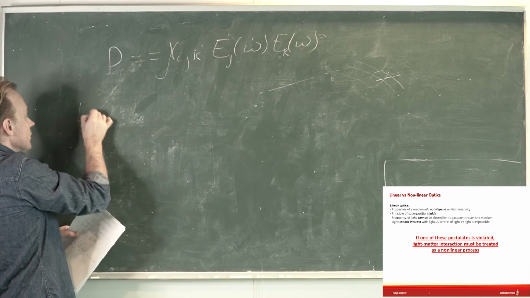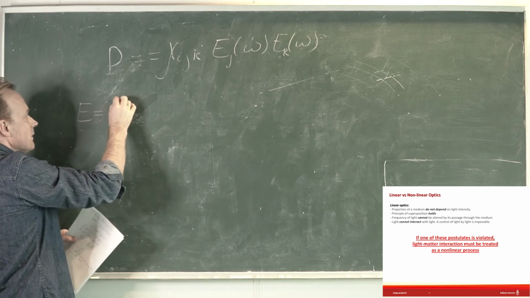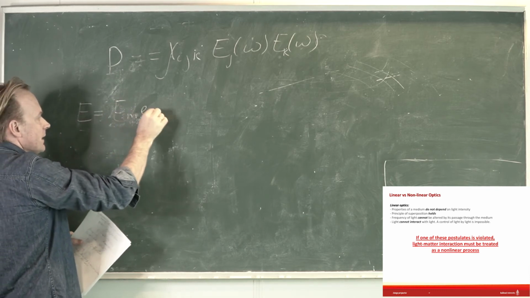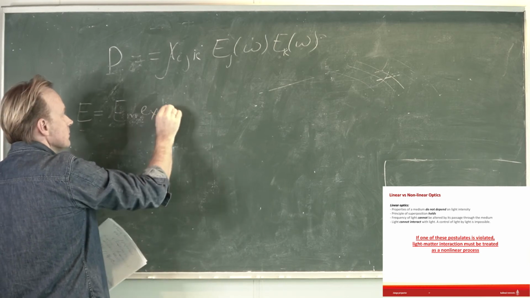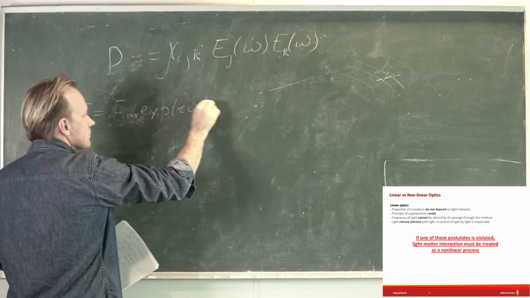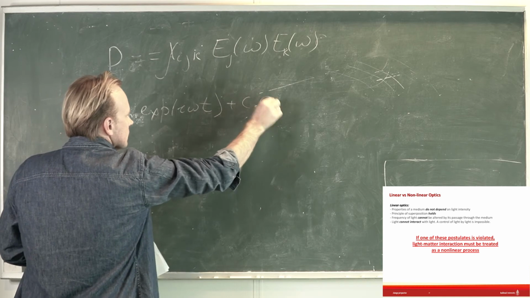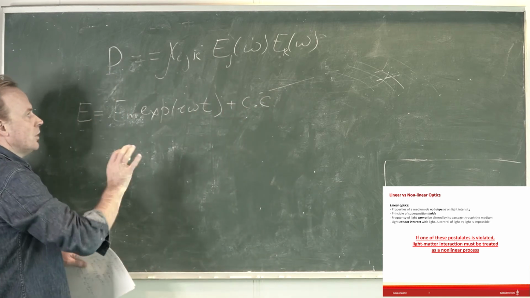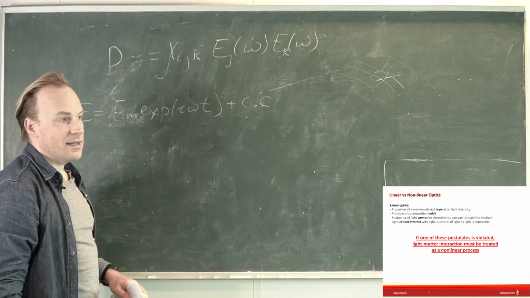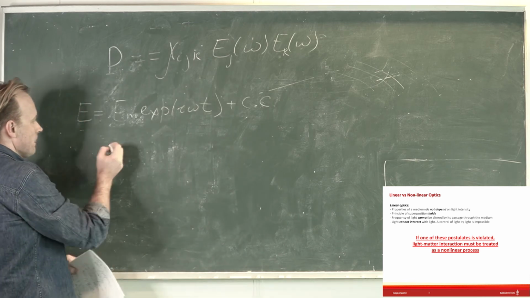Well, if you now put a very simple expression for the electric field of light. We ignore here dependence on the coordinates, we just take into account dependence on time.